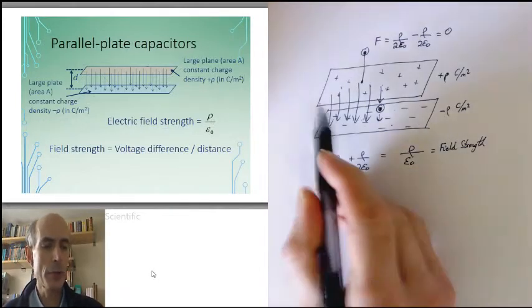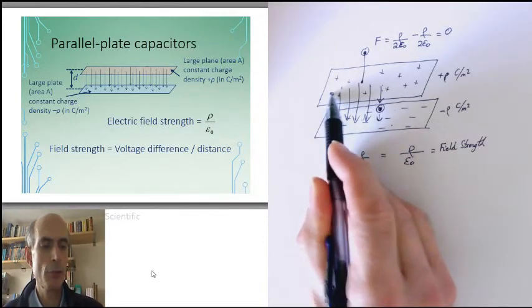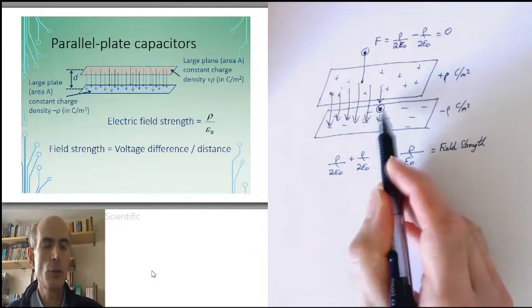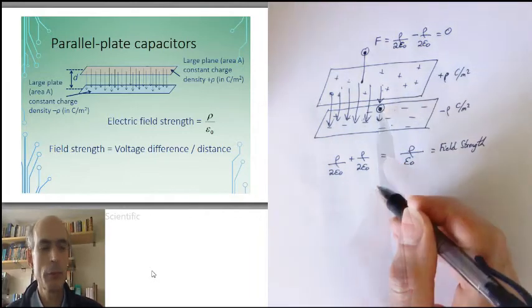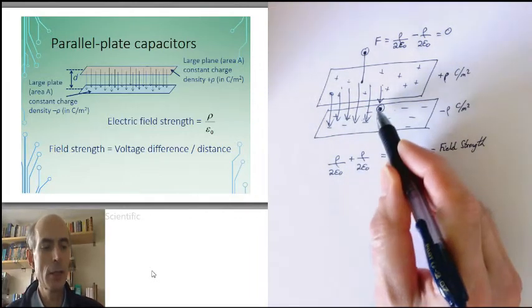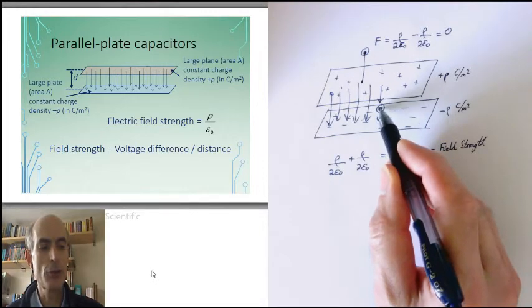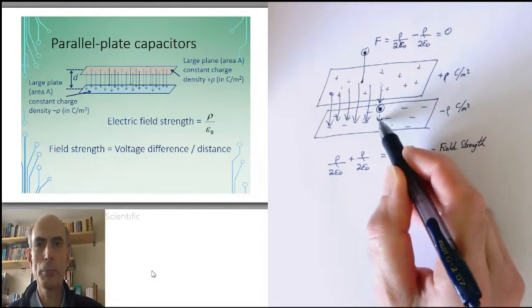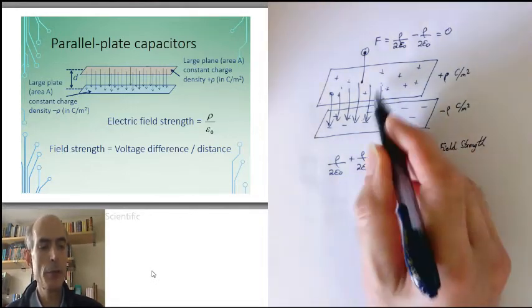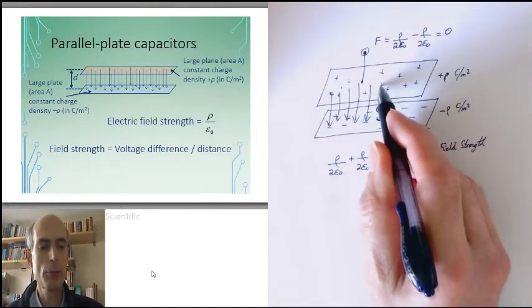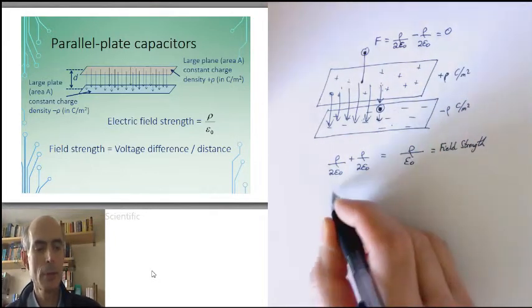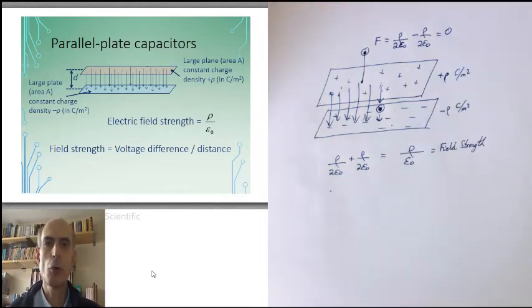Now the field strength is the force on a unit charge. If we consider how much energy it would take to move a unit charge from the top plate to the bottom plate, it would be the field strength times the distance. That just comes from the formula work equals force times distance.